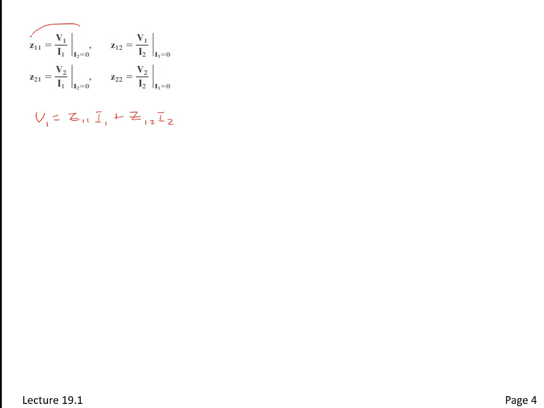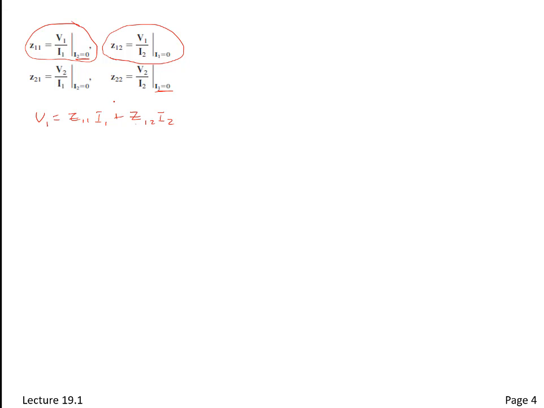That's this thing right here. And that's true as long as I2 is 0. And likewise, I can find this guy by saying if I1 is 0, then the equation is left standing this way, right? So this is how we define or find the Z parameters, and they are, for this reason, called the open circuit parameters, because how do you get I1 equals 0 or I2 equals 0?